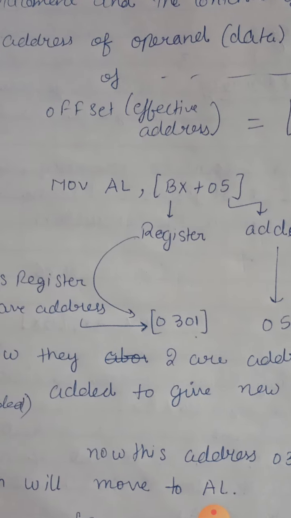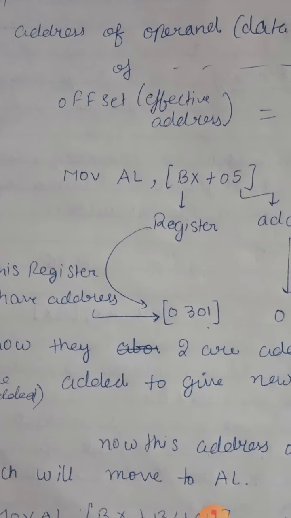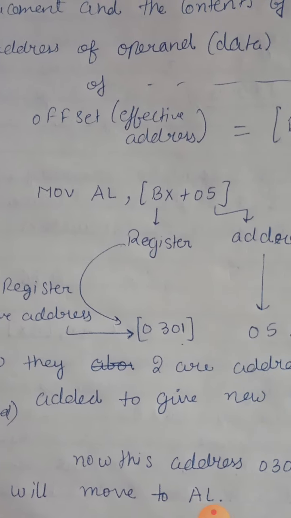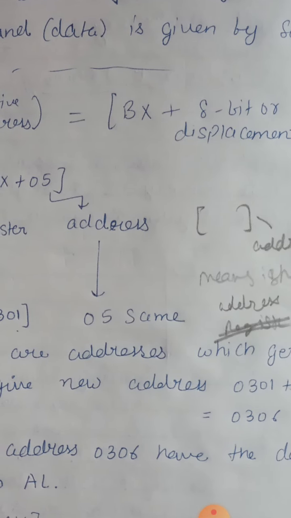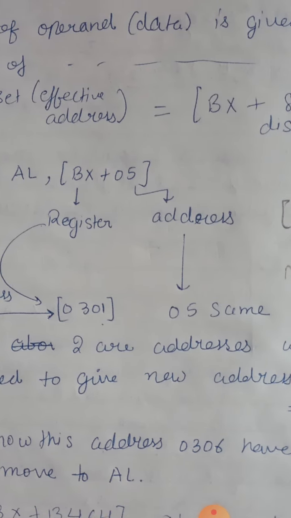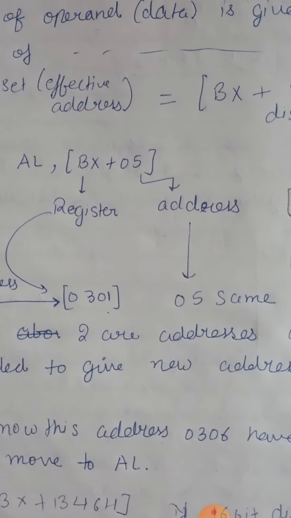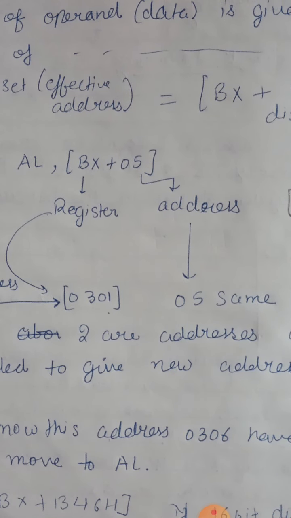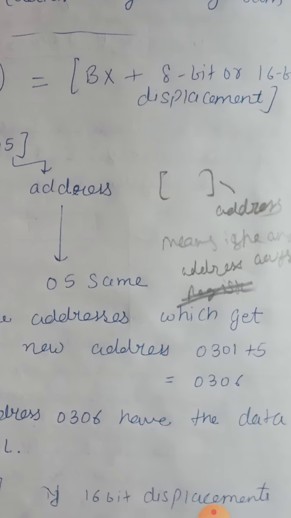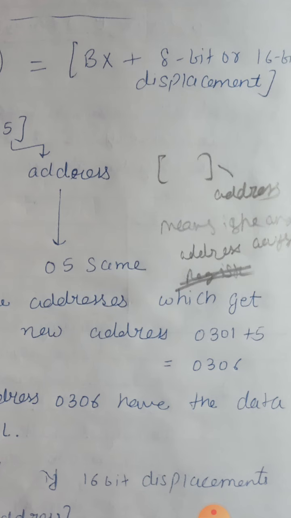Now let's understand this particular example. The register BX has the address 0301, and 05 is the displacement. These two get added to give a new address: 0301 plus 05 gives 0306. The required data is present at this location.